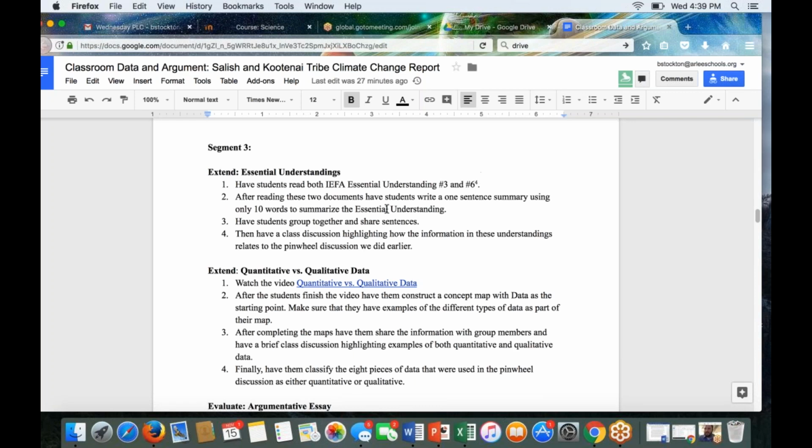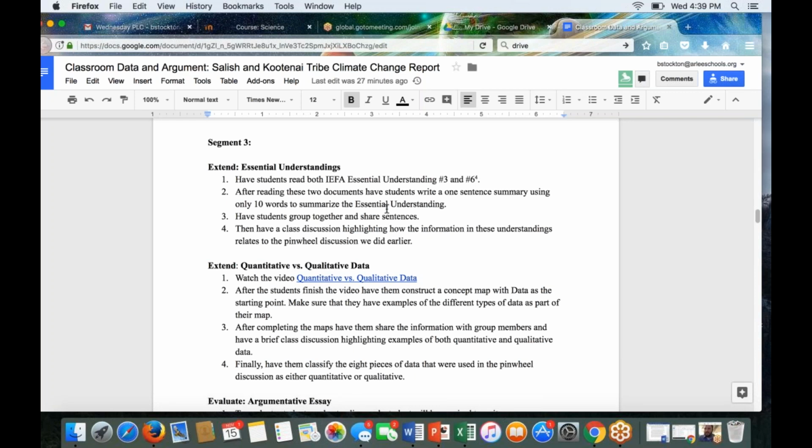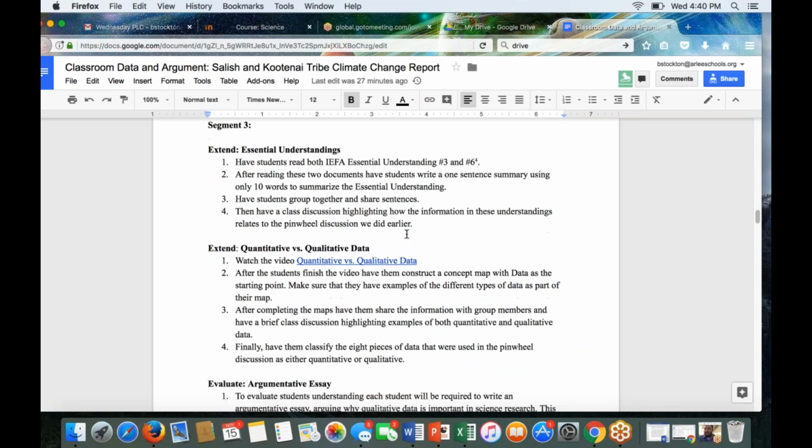The students have an opportunity to, once again, hopefully, if they haven't already been taught the essential understandings, go back over number 3 and number 6 and have a little discussion as a class to highlight how those understandings relate to the discussion we had the day before, and how we can see the voice of these individual Native Americans being translated through their tribal council, and also through some of those qualitative pieces of data that they're using.